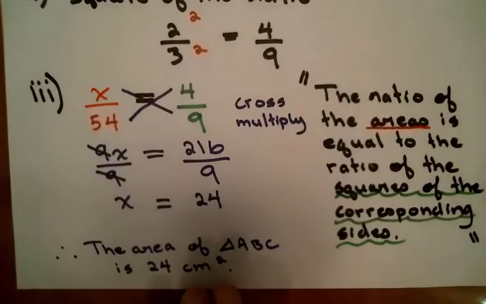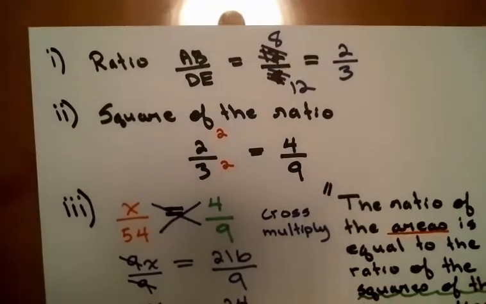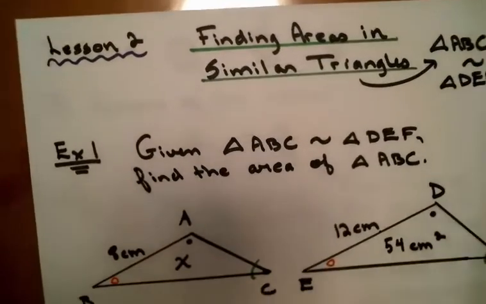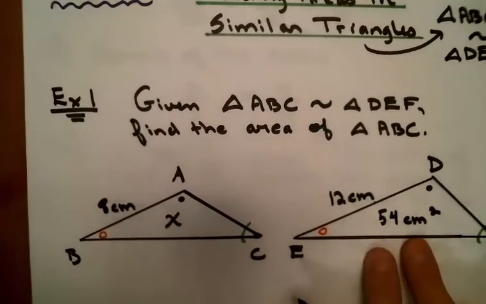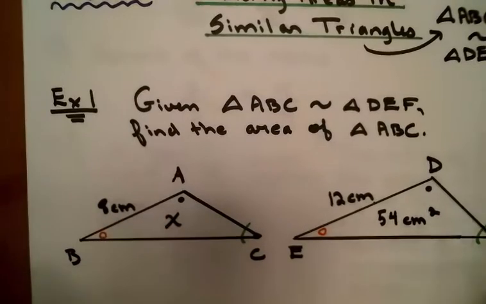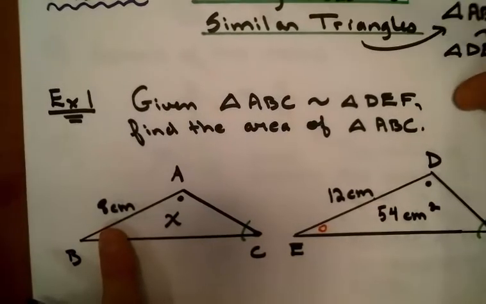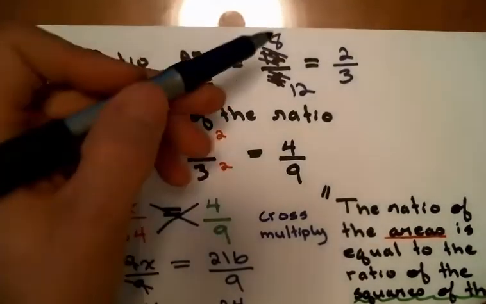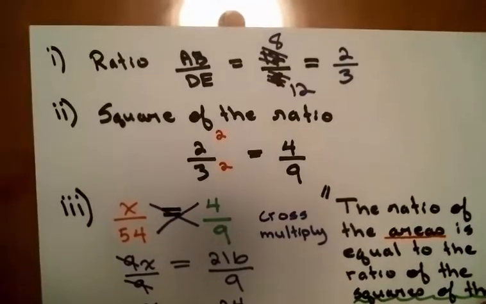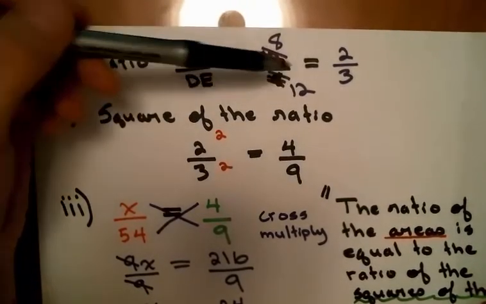Okay, so you can see the steps are always the same. To recap, you'd be given two similar triangles. You'd have to have one area known and one unknown. And you're always in a position where you have two corresponding sides where the values are known, in this case 8 and 12 centimeters. And there were 3 steps. You find that ratio and you're careful to properly label it, AB over DE, and to get the values correct, 8 over 12, which reduces to 2 over 3.